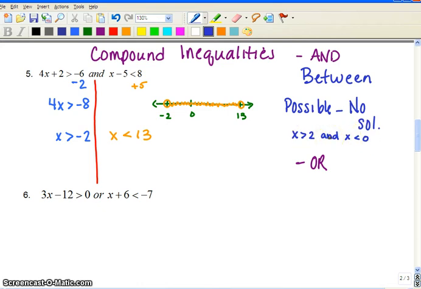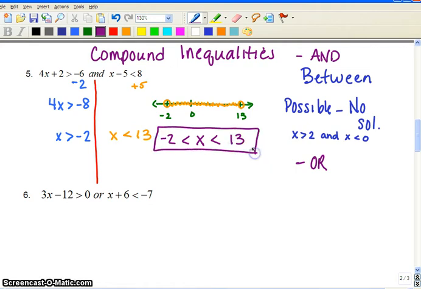Okay? Another little thing about "and" problems is that you'll always want to write your solution as between. So once you get this graph set up, you're going to want to set up your solution to look like this. And that's how a typical "and" problem would look. Now if you look at this over here, x is greater than negative 2.